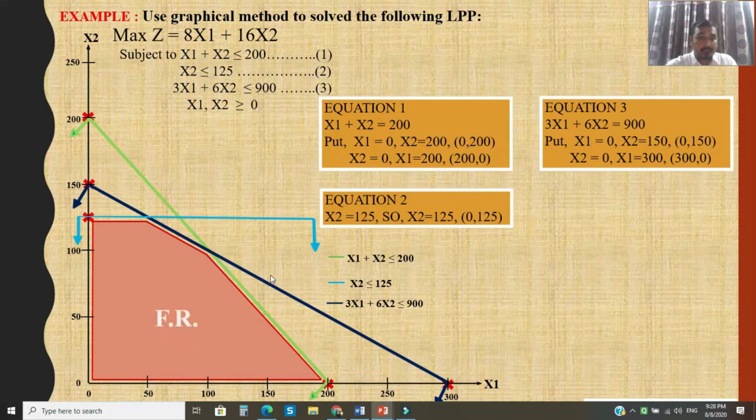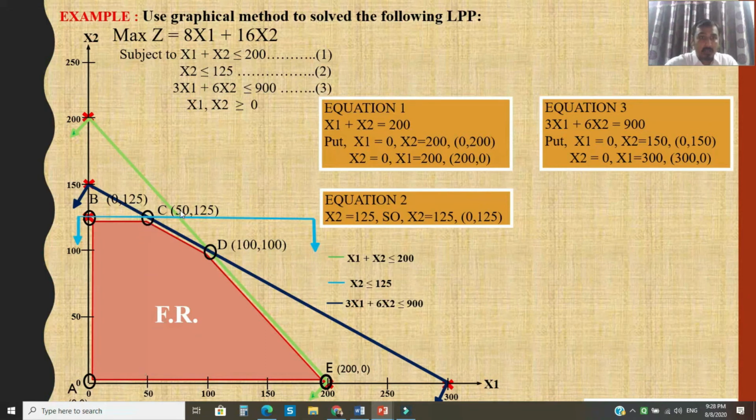So this is the extreme corner point method. Here we have to find the coordinates. At point A, coordinates are 0, 0. At point B, 0, 125, x1 0 and x2 125. Here, just draw the straight line.